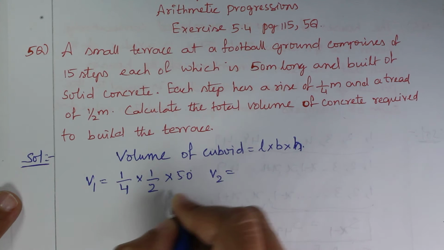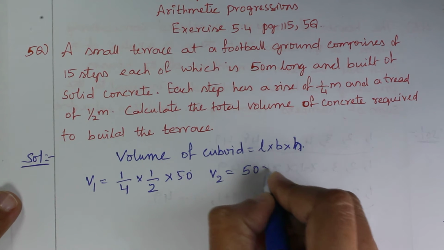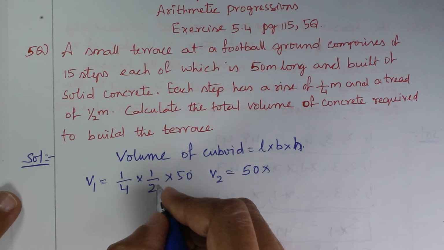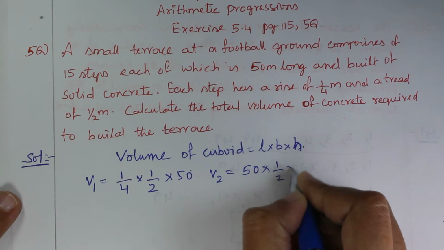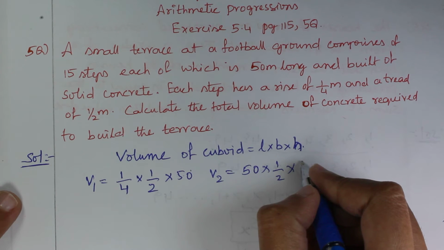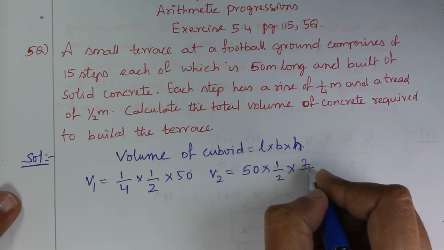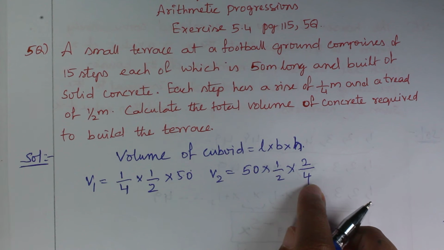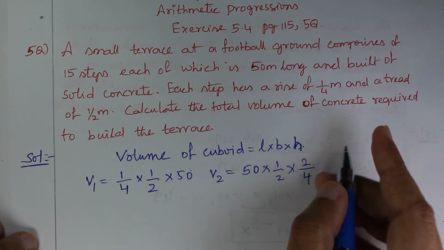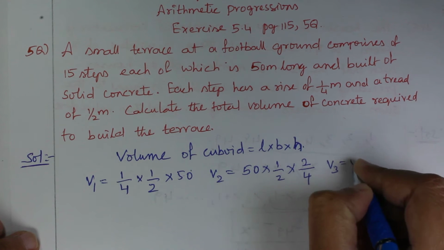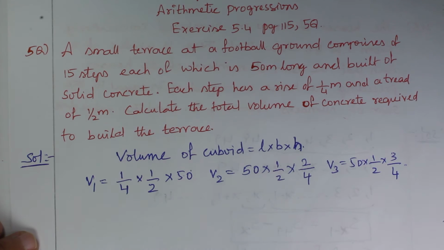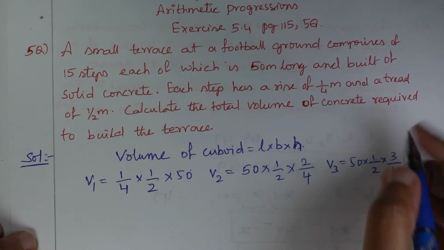V2 becomes 50 into breadth, half, it does not change, but the height changes, into 2/4. And similarly V3 becomes 50 into half into 3/4 and so on.